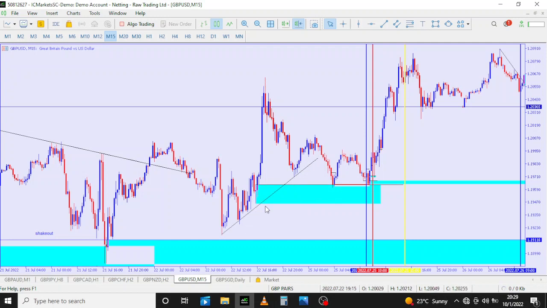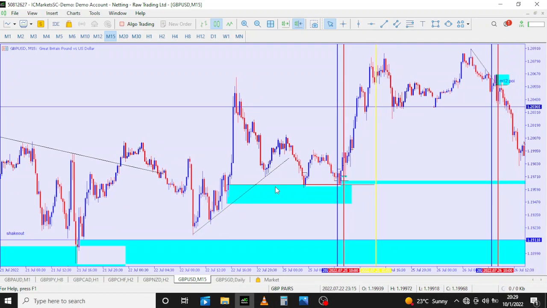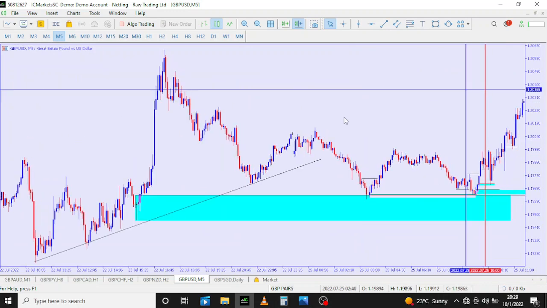I expected the price to mitigate this point of interest. Let's get to lower time frame.